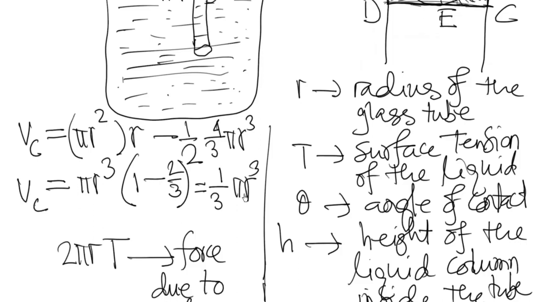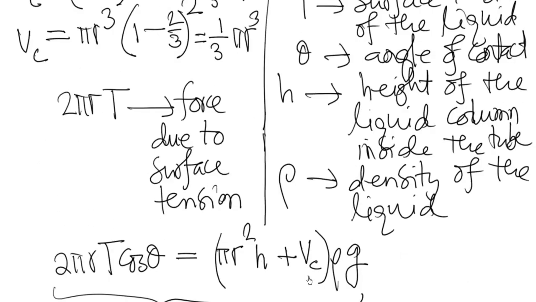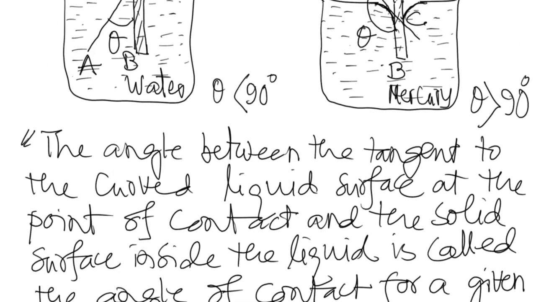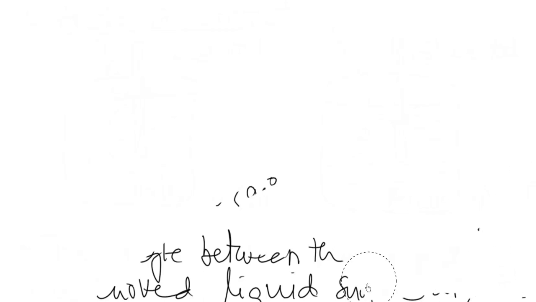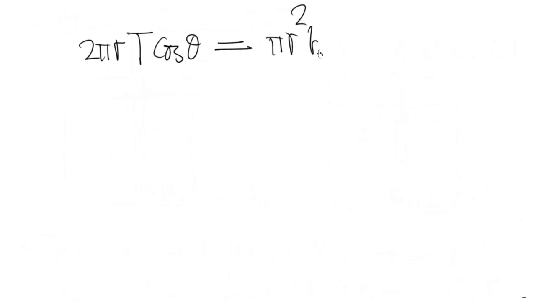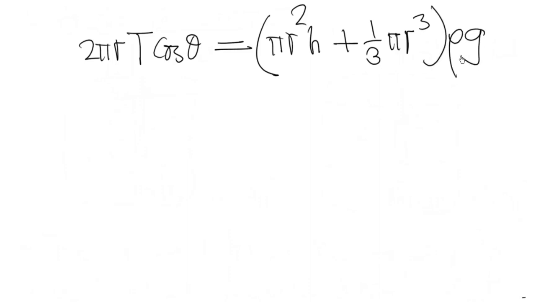Now if you substitute this Vc in this expression, we can rewrite this relation: 2πrT cos θ equals (πr²h plus 1/3 πr³) ρg.